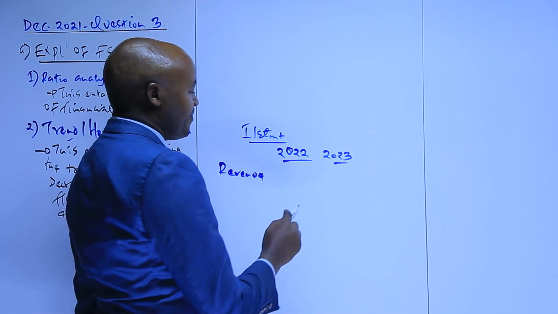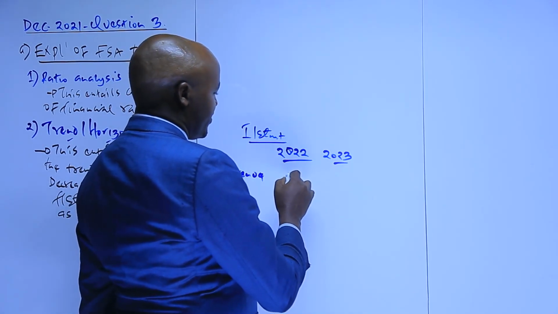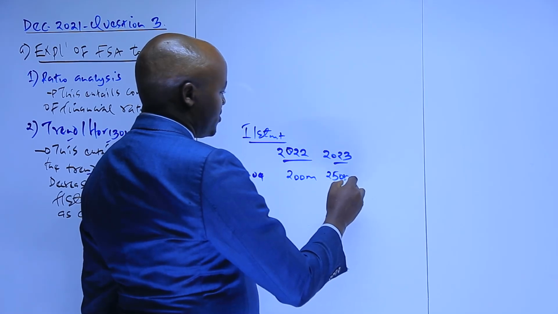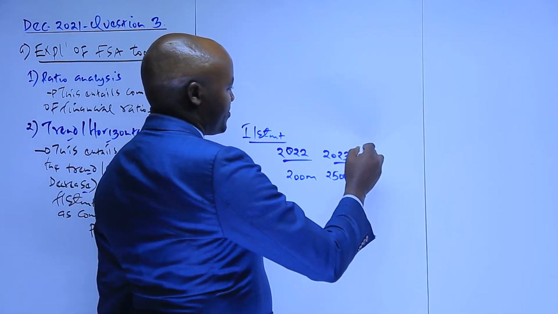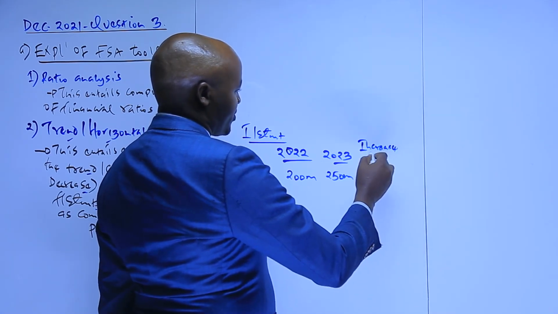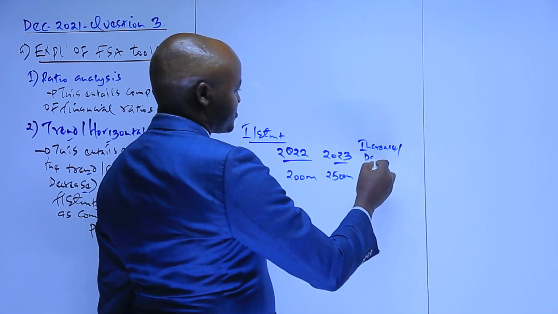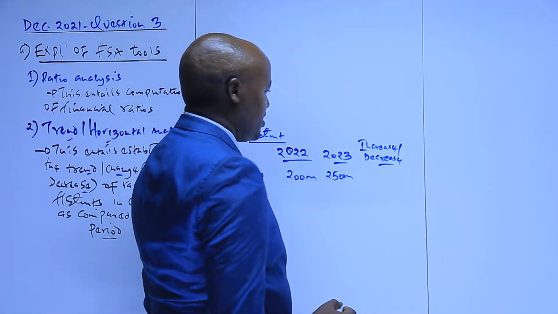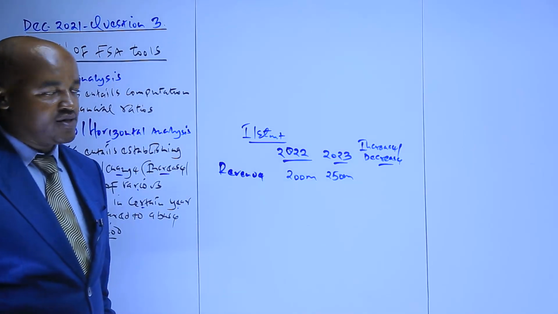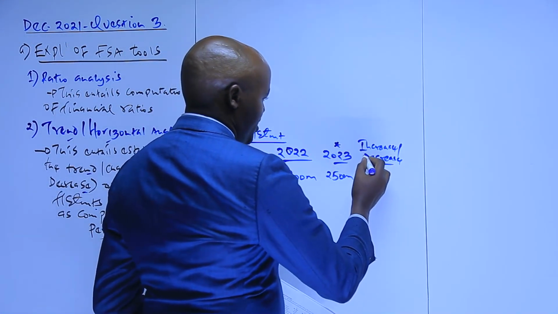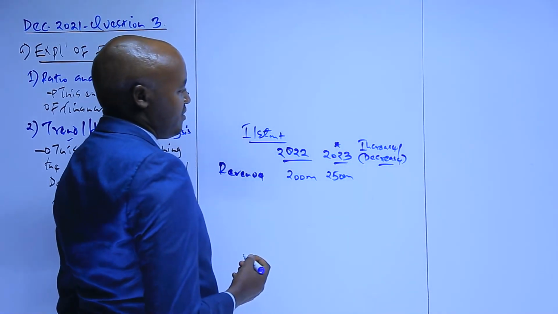So what we do here, assuming you're given the revenue here to be 200 million, here to be 250 million. We have an additional column whereby we show the increase or decrease, and this increase or decrease will be for the most recent financial year, which is now the year 2023.